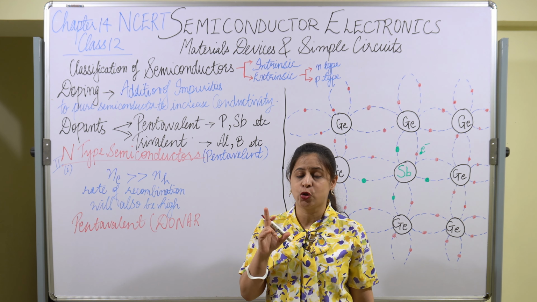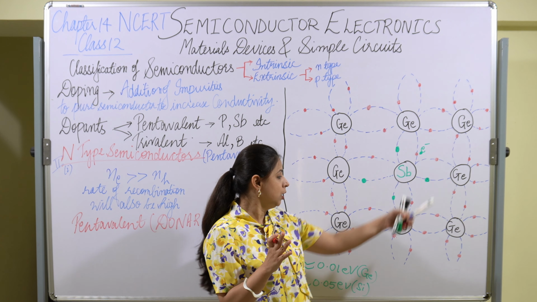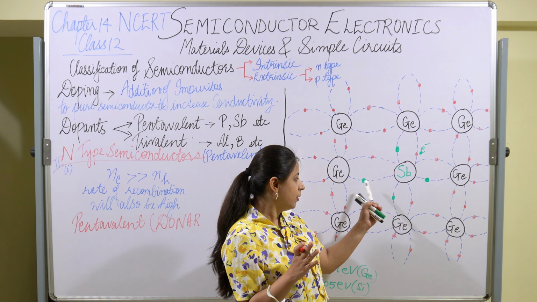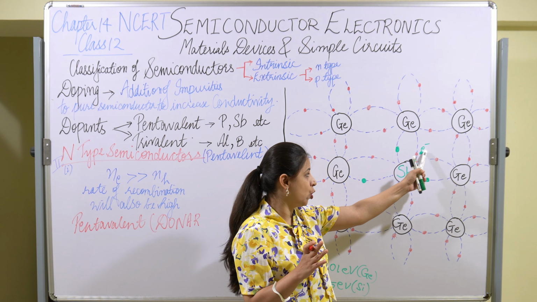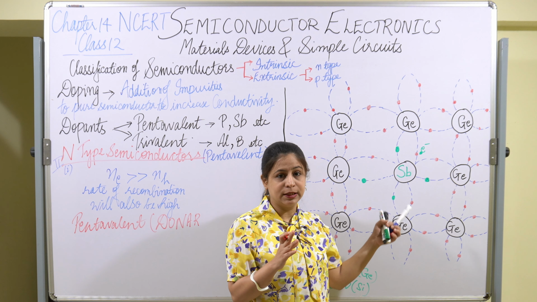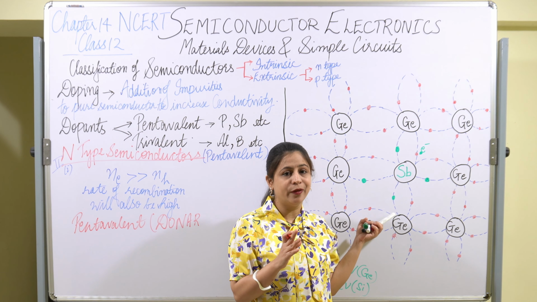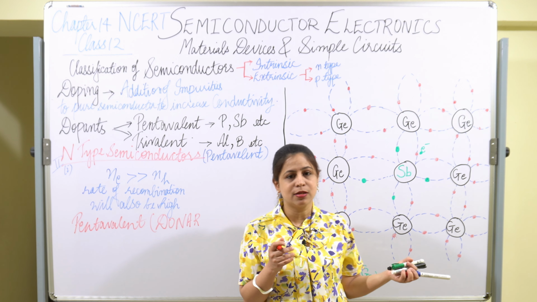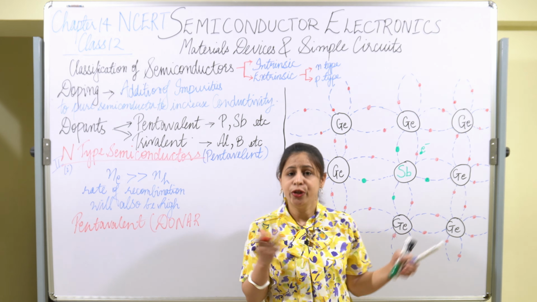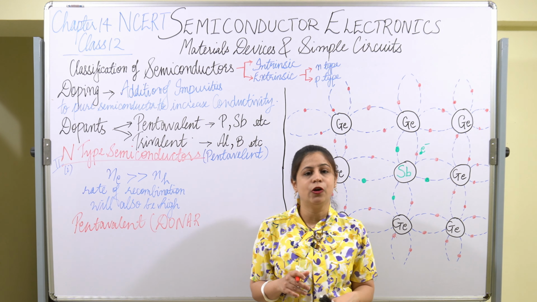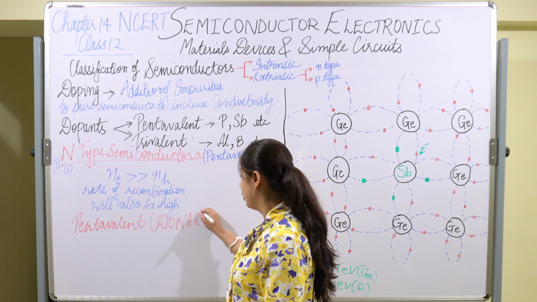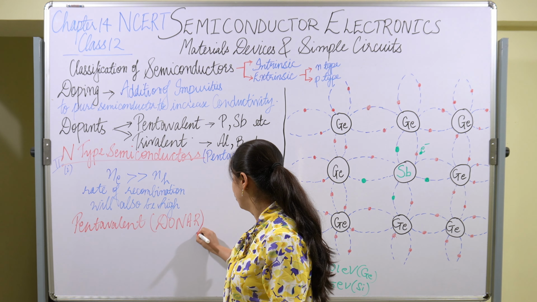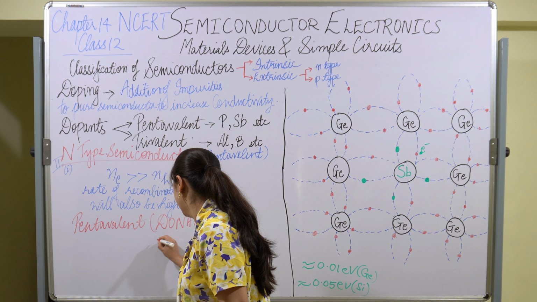One electron is donated by the impurity atom, and the impurity atom is the pentavalent atom, here I have taken antimony as an example. You can take any of the impurities. So it is known as the donor impurity.